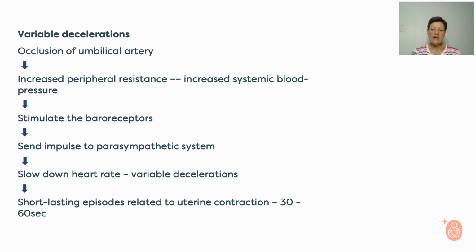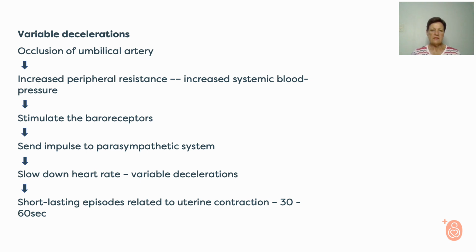Now, if we look at our third type of deceleration, that's variable decelerations, and the name tells you exactly what it is. They vary, and they are usually associated with occlusion of the umbilical artery.